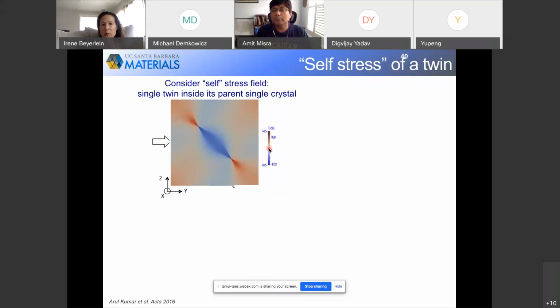Now I'm showing a contour map of the stress field around the twin, for a certain component, which we selected arbitrarily: the component of the stress projected onto the twin plane in the twin direction.